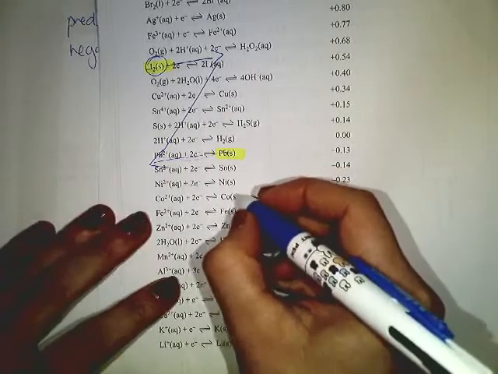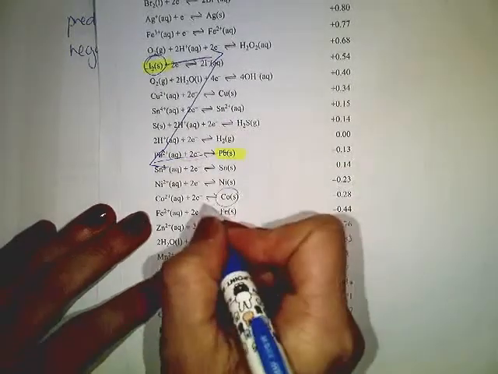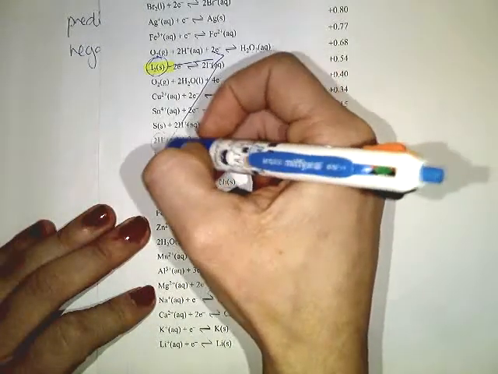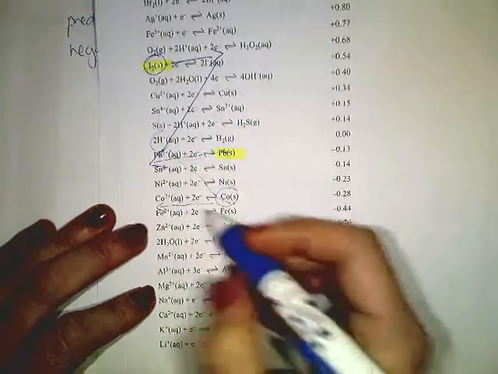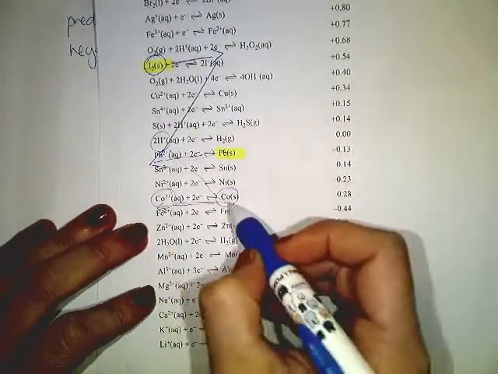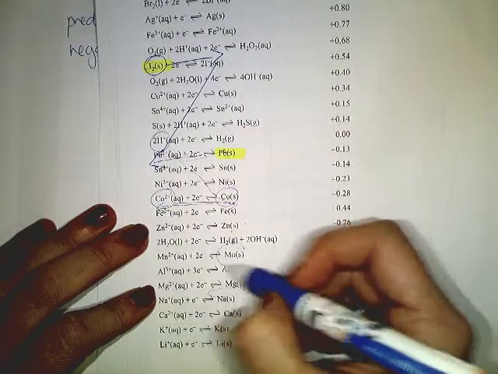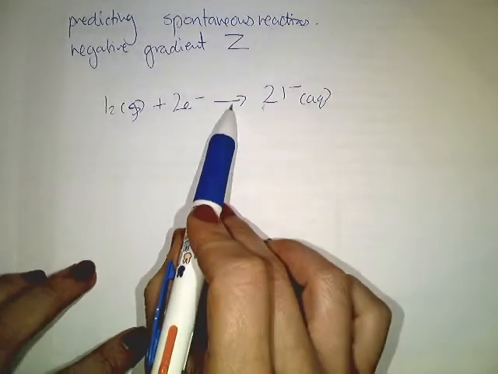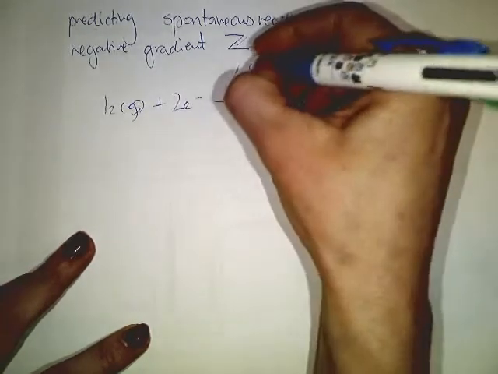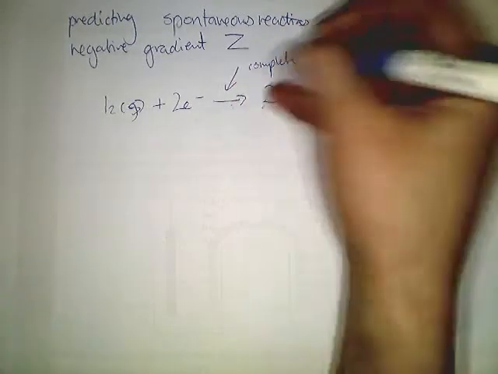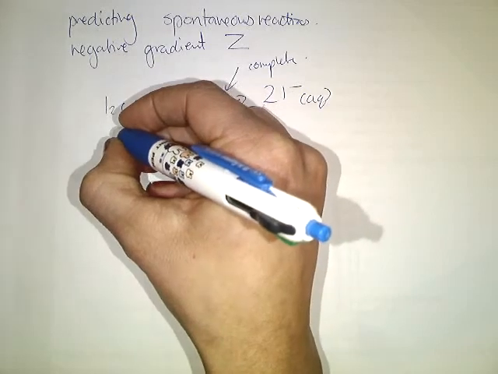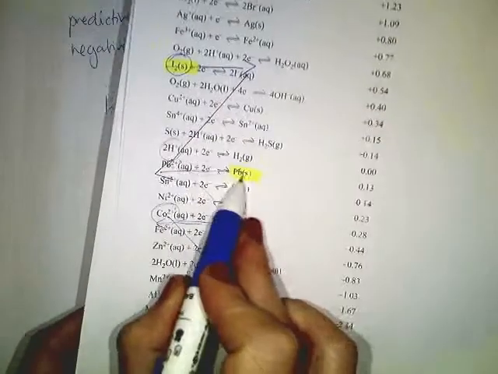For example, cobalt can be oxidized if it's paired with a strong oxidant, but cobalt 2 plus can be reduced if it's paired with a strong reductant. Once you've picked your reaction, you need to put a complete arrow. So the two reactions will be this, and then lead will go in the other direction.